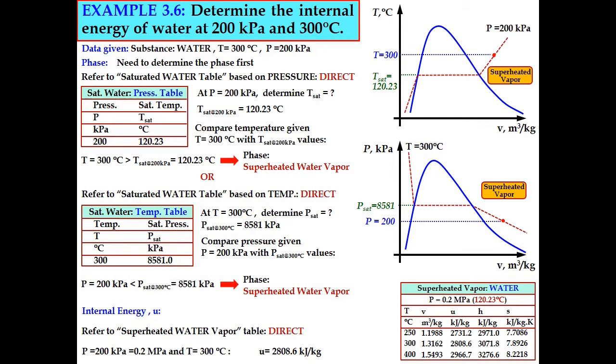So the steps are: first determine the phase, and after you confirm the phase of the state, you can refer to the specific table based on the phase that you determined.